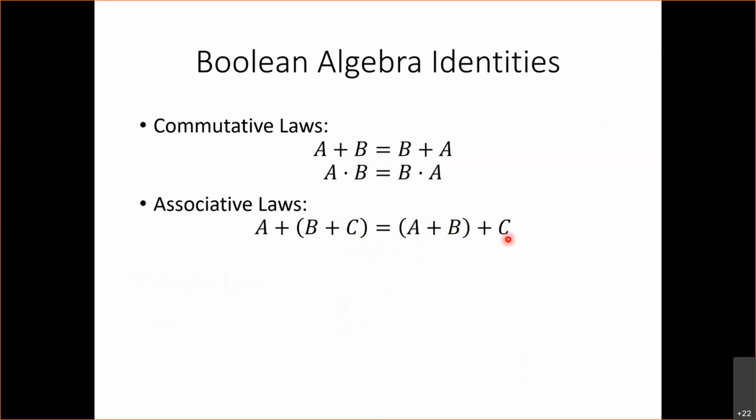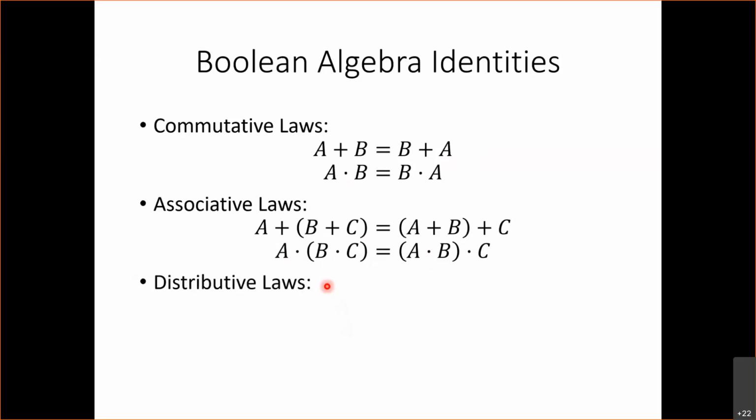So in which order we perform these OR operations doesn't matter. Similarly, for the AND operation, we know that A and B and C is equal to A and B and C, grouped either way. So again, in which order we apply these consecutive AND operators does not matter.